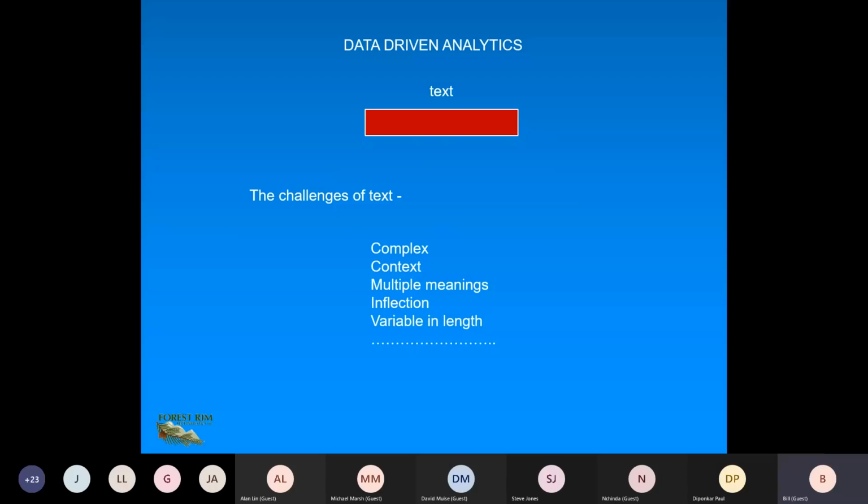That's one complicating factor. Another complicating factor is some people like to write emails that are 2 sentences long, and other people like to write emails that are 2 pages long. The size of any given piece of text is very variable.